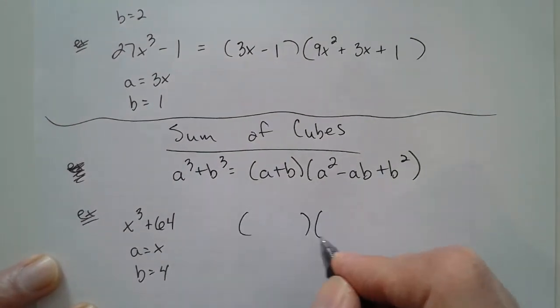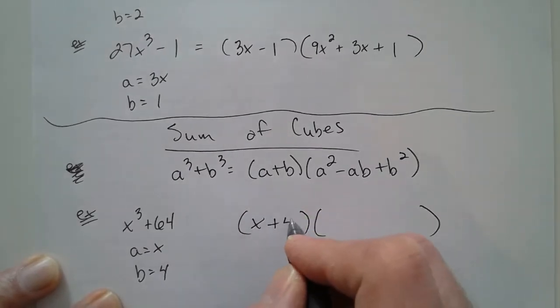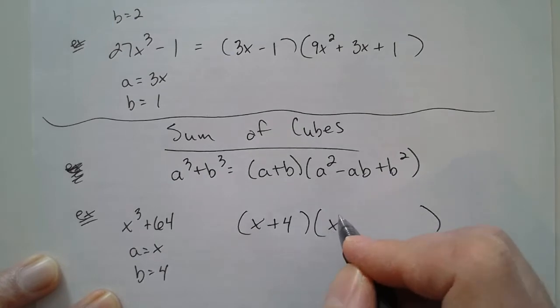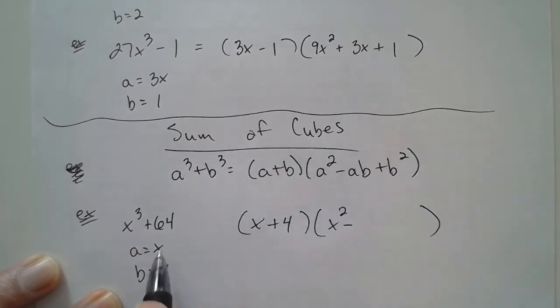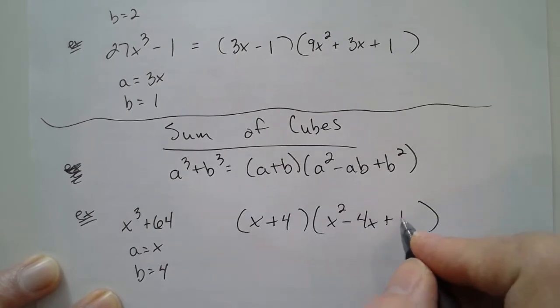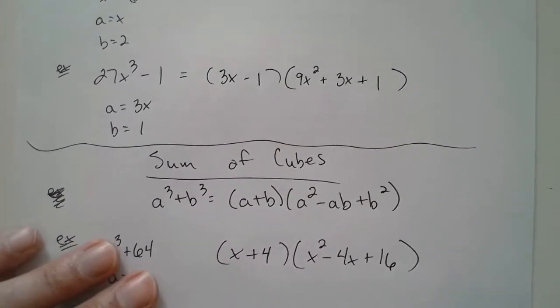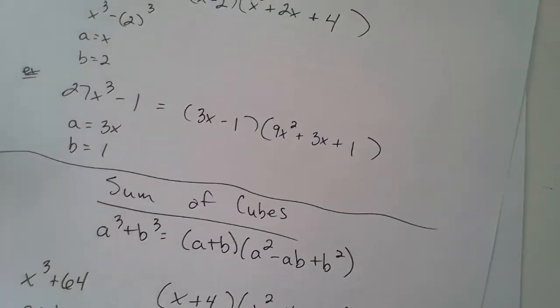So a is x, b is 4, a squared minus a times b, so 4x plus b squared, which is 16. Okay, so that's the sum of cubes. Moving on.